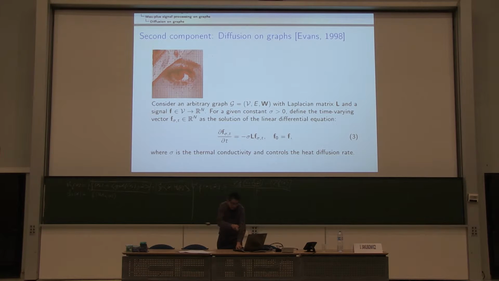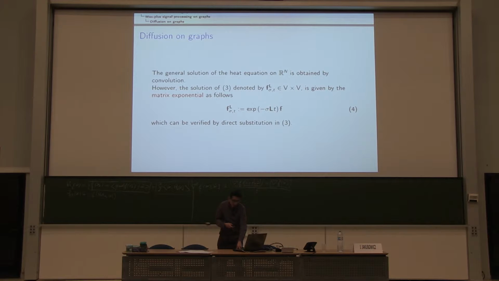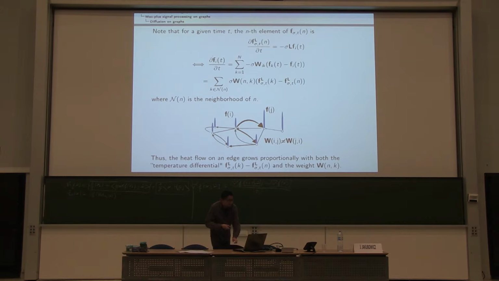So in this discrete version, we can solve directly by substitution. We can see that this expression, which is basically the matrix exponential of the Laplacian, solves these equations. If we want to see in detail what this equation is doing, we can look only at the first degree of the Taylor expansion of the exponential mapping.